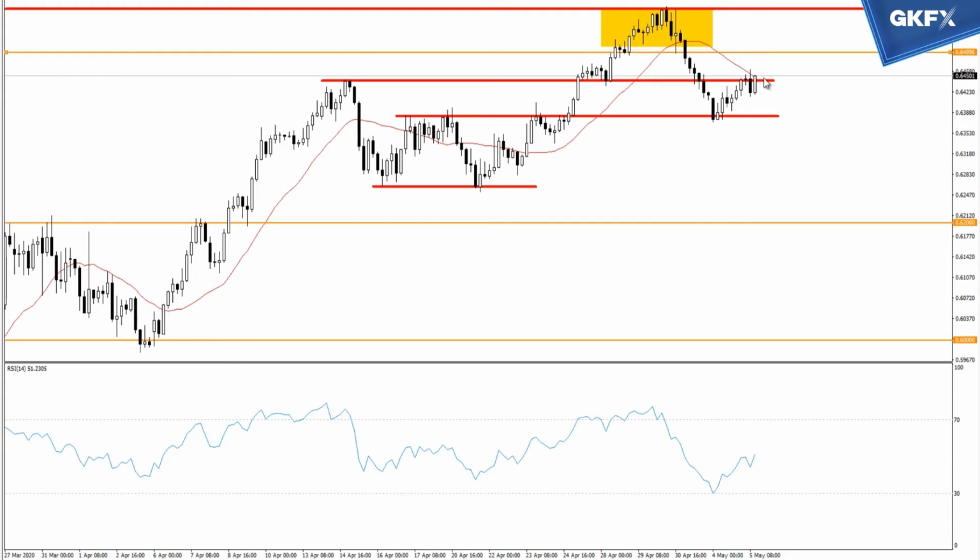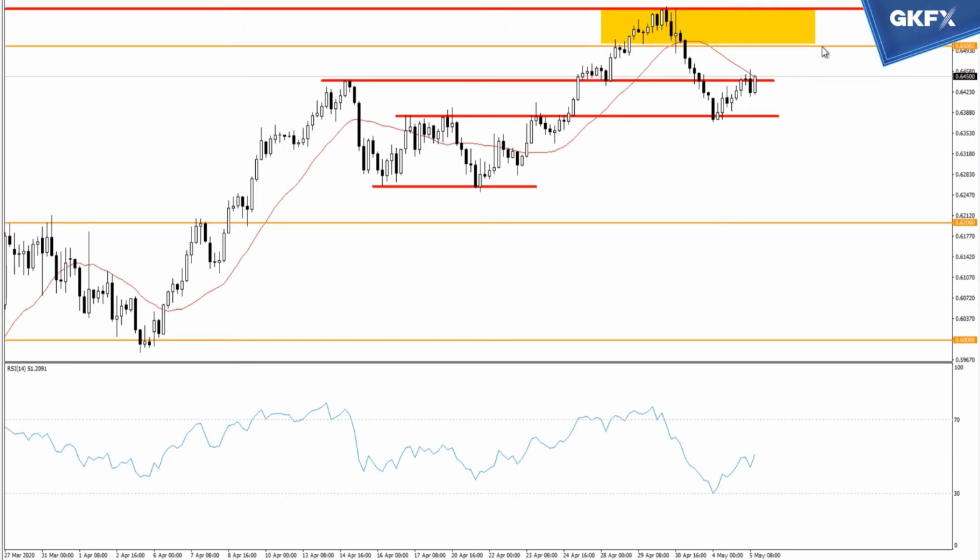So look out for, if this area doesn't hold where we currently are, and it looks like we might not, somewhere in this zone, between 65 and that resistance, as potentially somewhere the price rolls over for us to get the bigger drop.